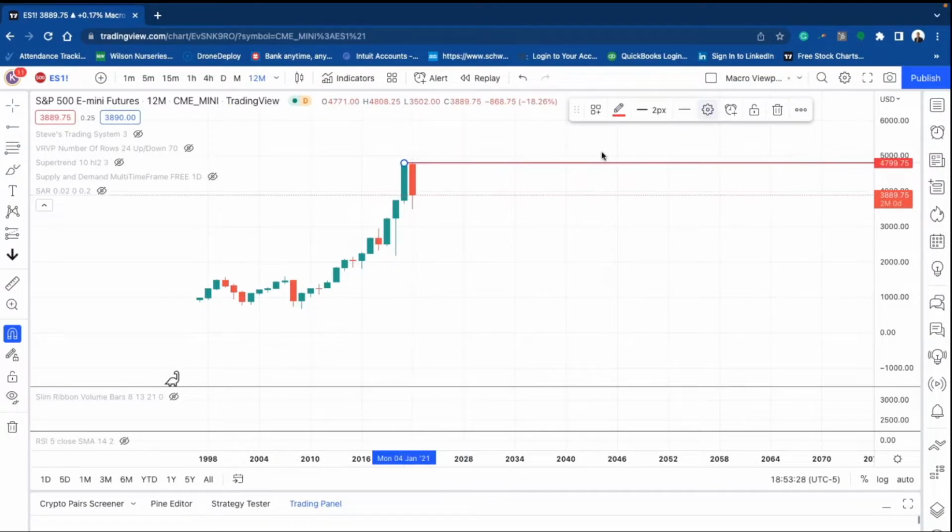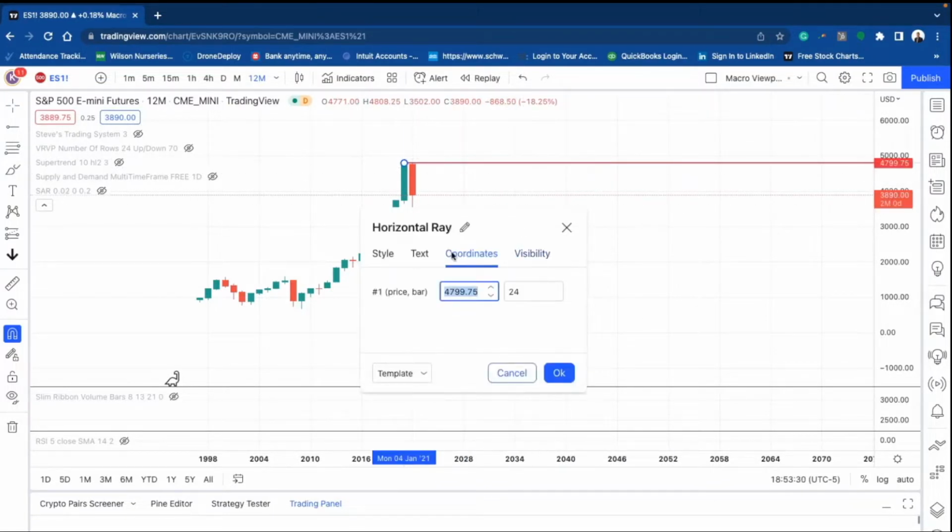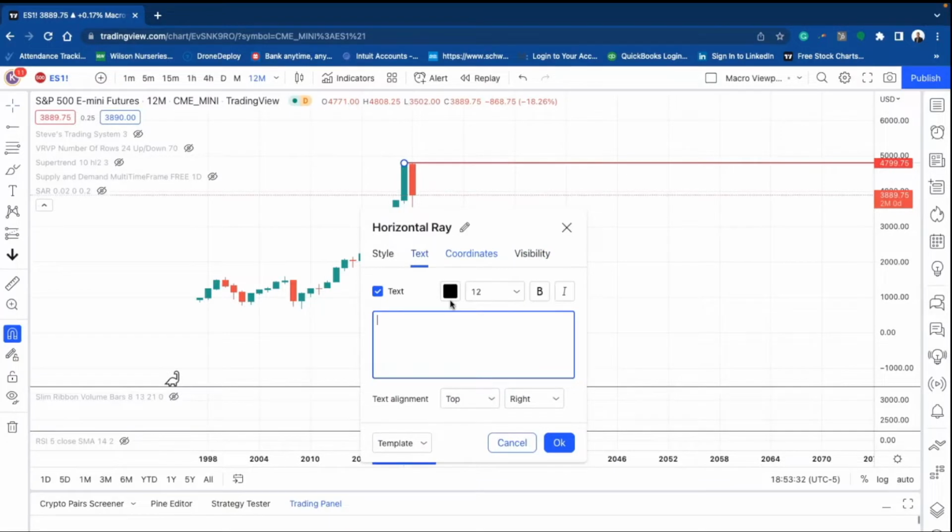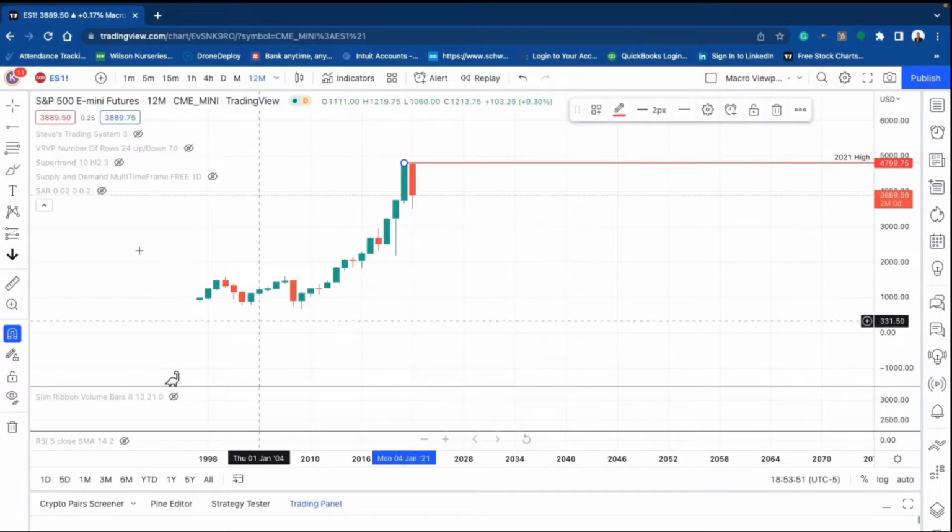And this is going to be the 2021 high. There we go. And now, that is what's capping this market to the upside.